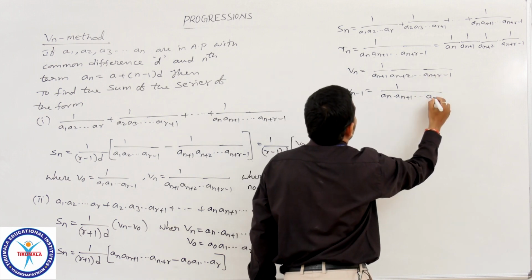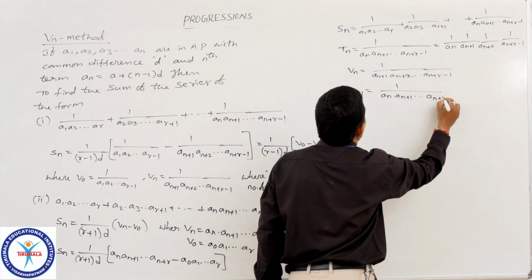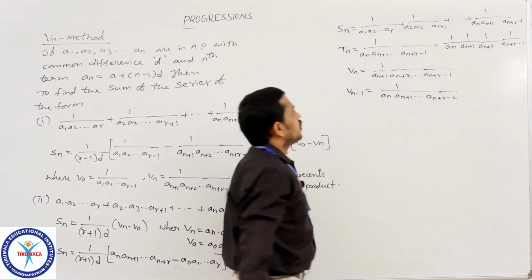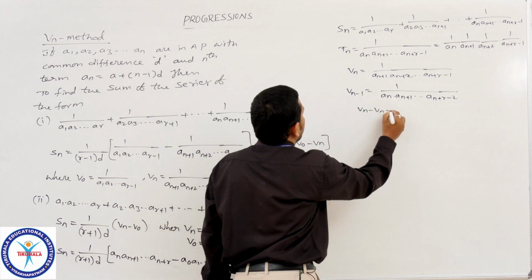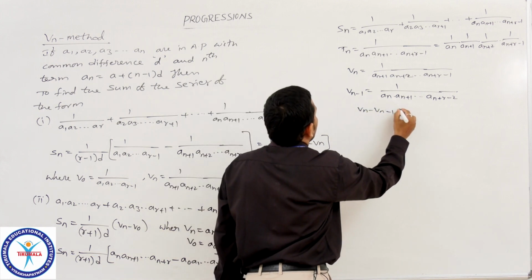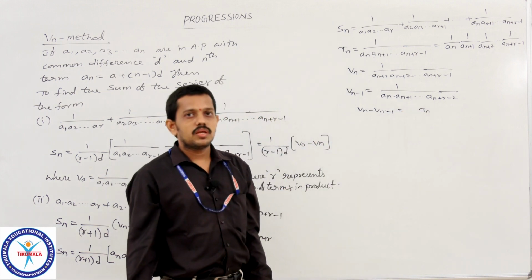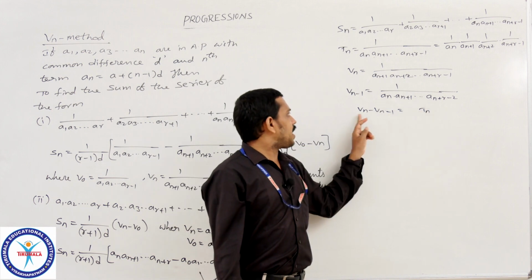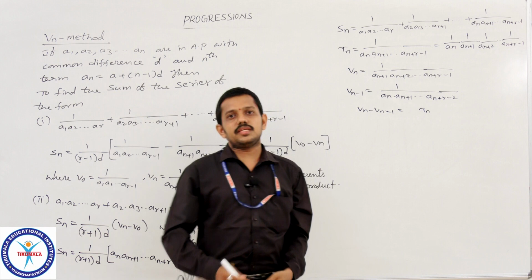Here n minus 1 minus 1 is n minus 2, so n plus r minus 2. Then by taking Vn minus 1 we will get the nth term of this series.